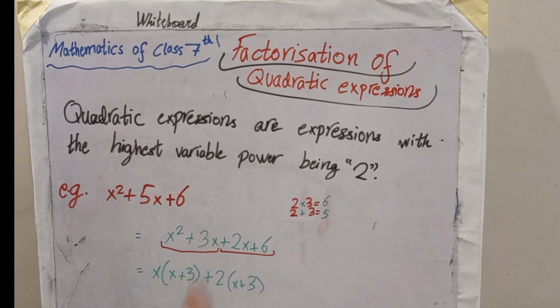So we've written plus 3 because it's plus 3x. So when 3 is multiplied with this x, it gives you 3x. And same for this, except that we put 2 outside, because 2 was the only number common in these, because you can't have x because 6 doesn't have x. You can't have 3 because 2 doesn't come in the table of 3. So you can have 2 because 6 does come in the table of 2. So I've written 2 outside the bracket, and x plus 3 is inside.